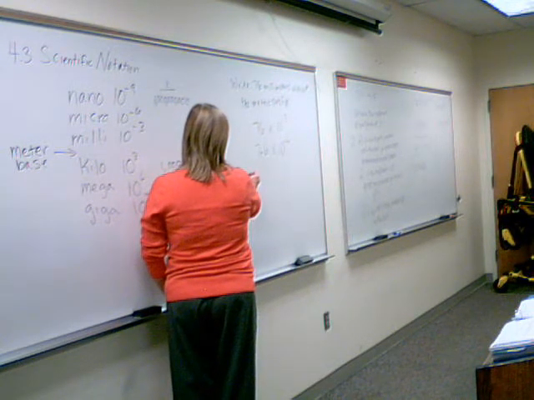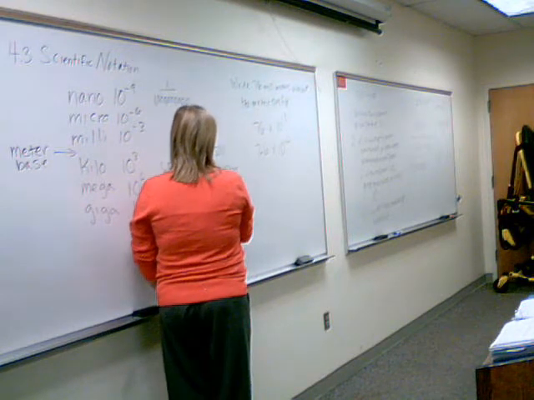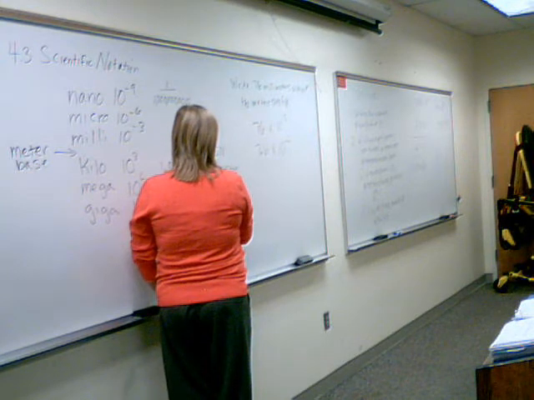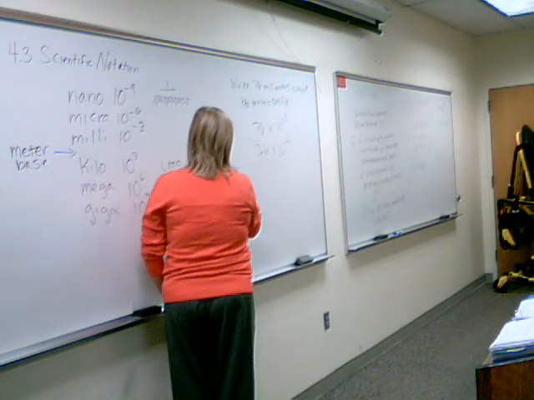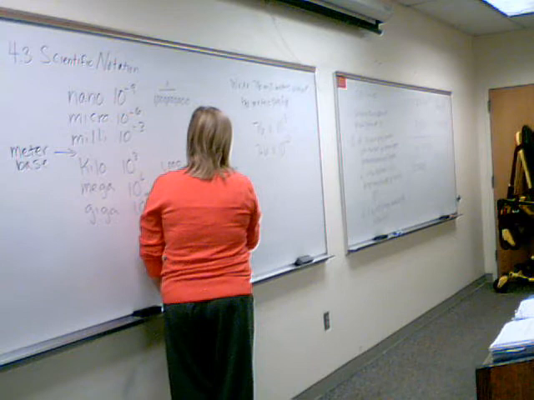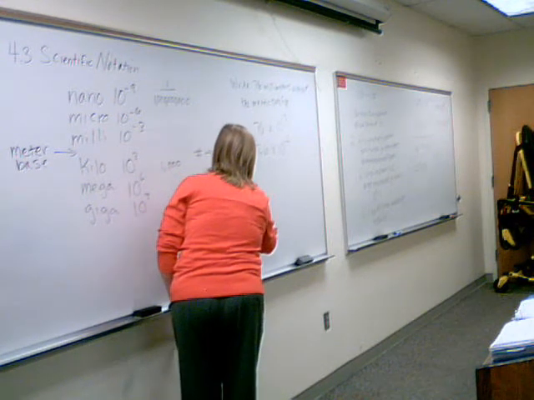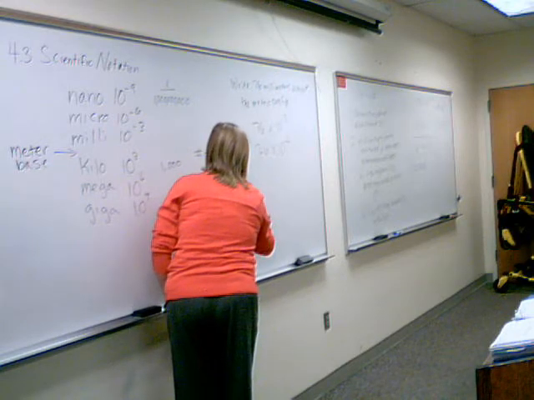This is just a way to help you remember, okay? If I'm going from scientific notation back to a number, then when I move left, it's negative, right is positive. Or bigger, bigger, smaller.